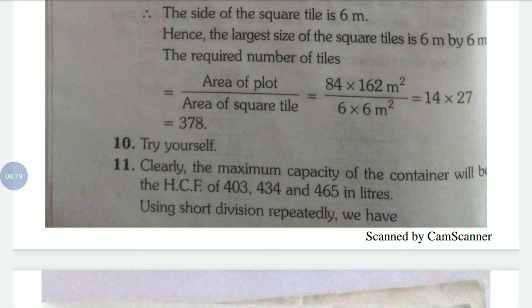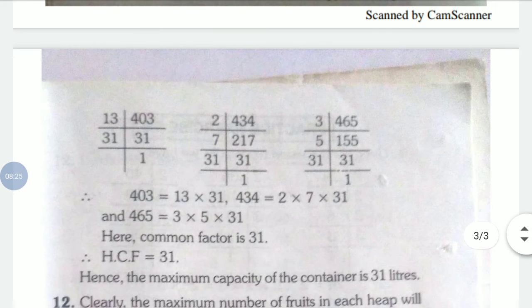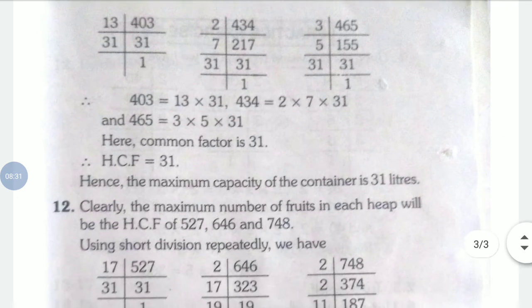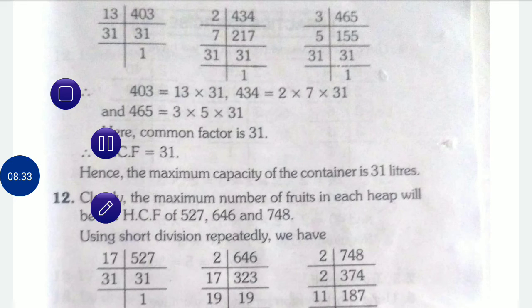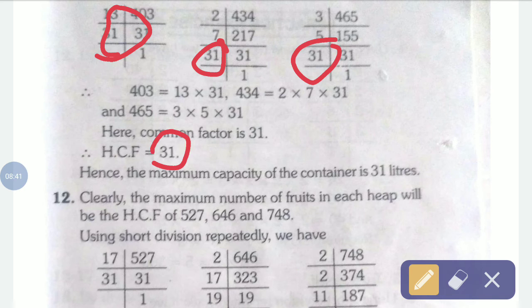Again we have to find the HCF. Do the procedure, you know very well how to find the HCF, and if you follow the procedure you will get the common factor 31. So your HCF is 31, and that is your answer. The maximum capacity of the container is 31 liter.